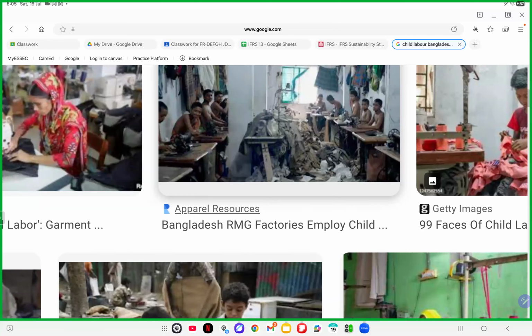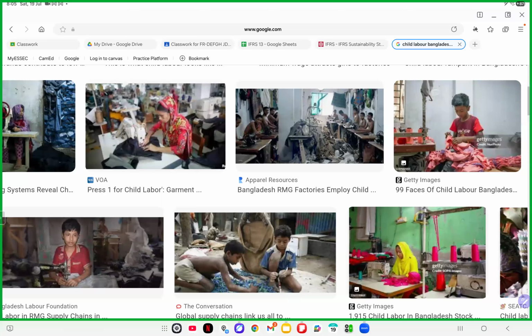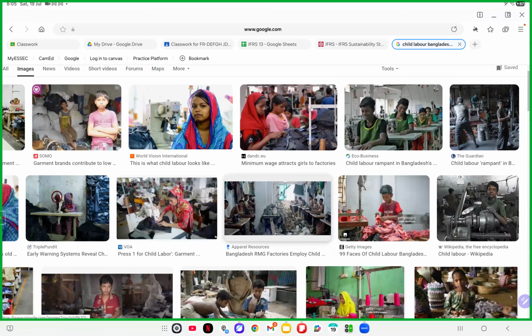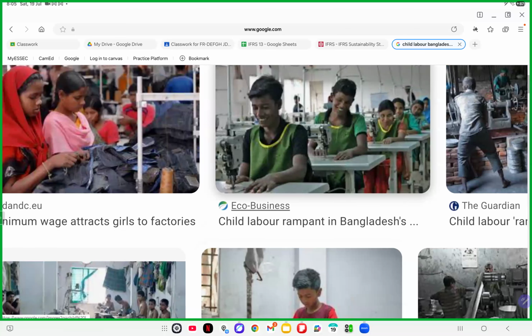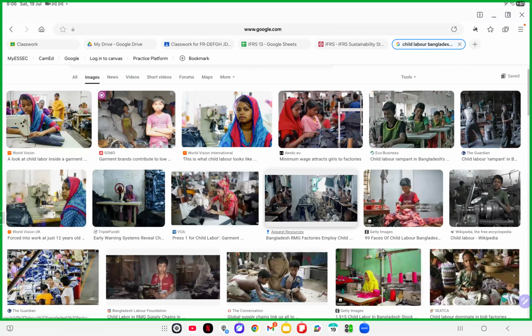Children are meant to go to school, but the parents are so poor. The parents are not able to send the children to school. So all these children, instead of going to school, go to work in a clothing factory. So many European retailers buy clothing from Bangladesh.